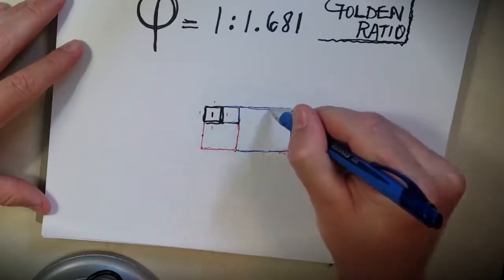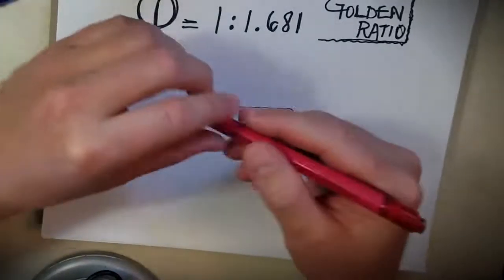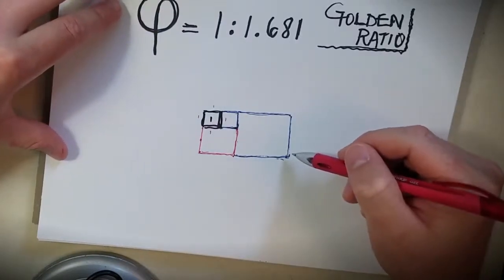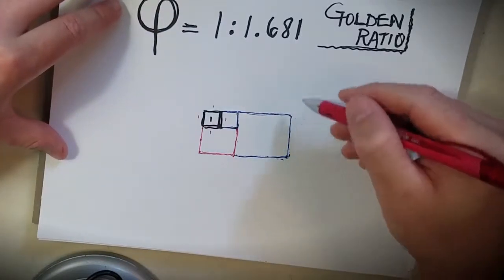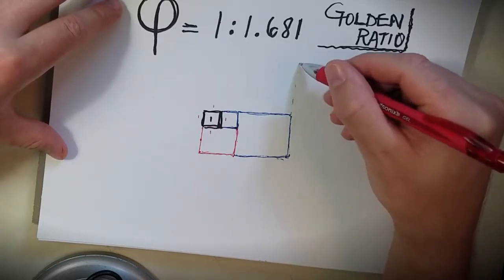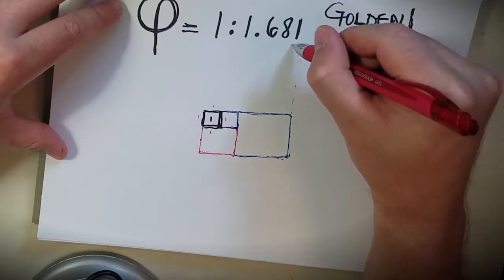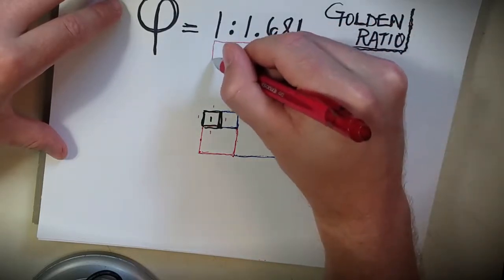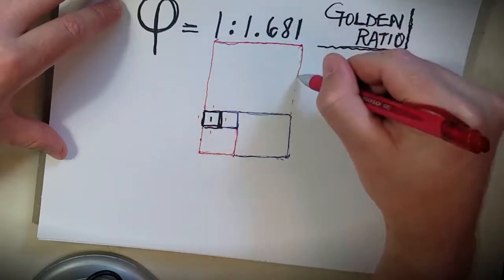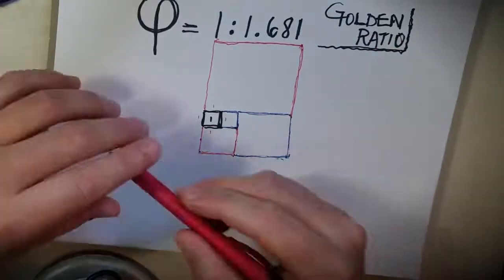And now you want to take this. Let's see, it's going to be 5. So that's 1, 2, 3, 4, 5. You'll see what I'm doing in a minute here.